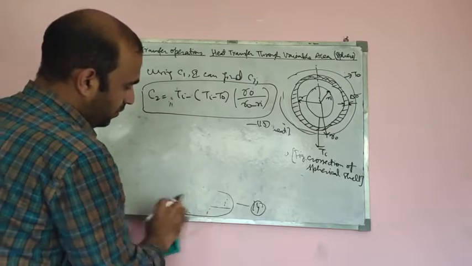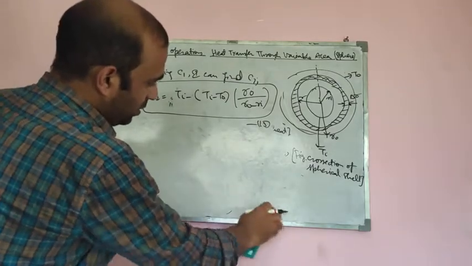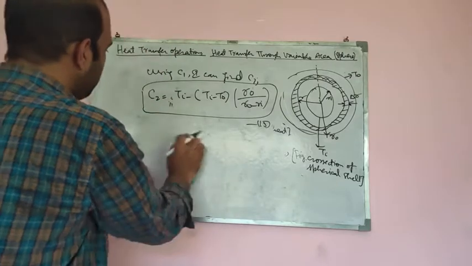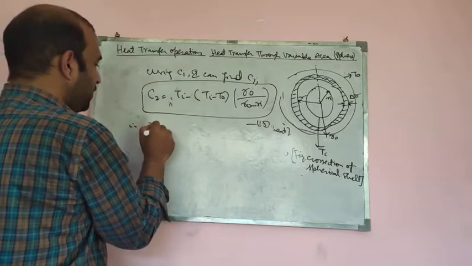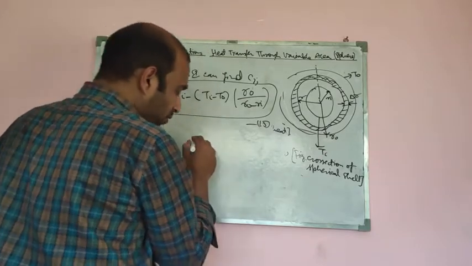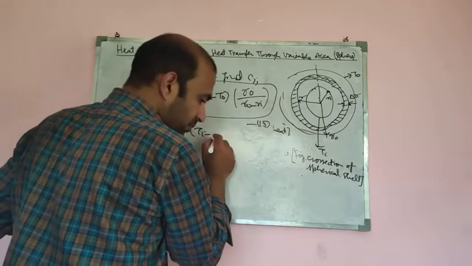So now once you have found the two integration constants, you can actually find the value of T. Therefore you can find T minus T naught equals Ti minus T naught.